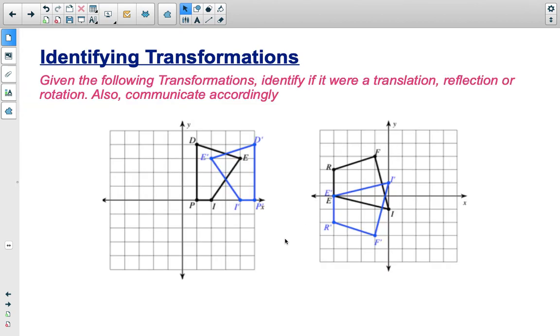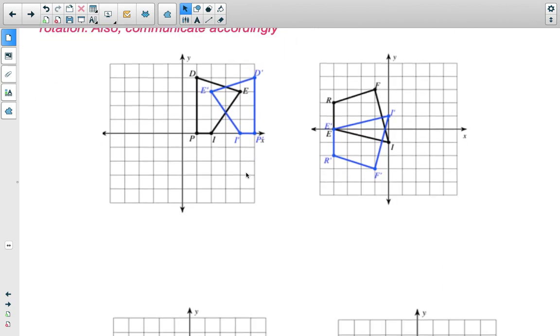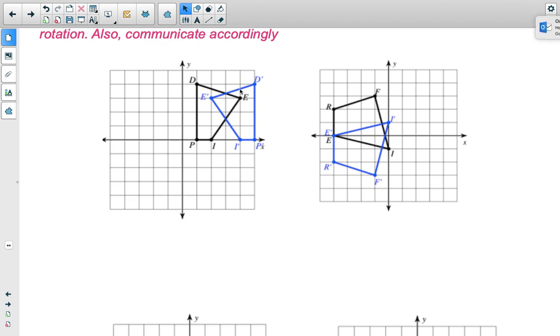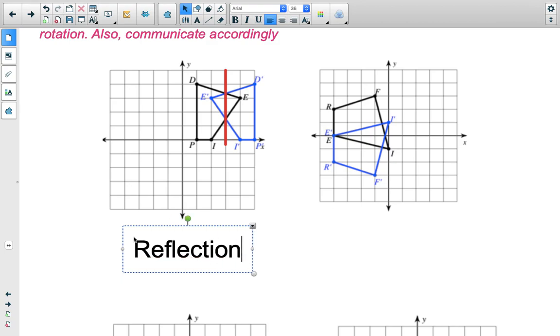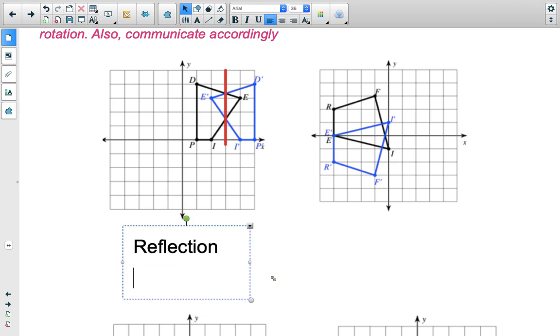If we take a look here, look at the first one. I'm going to identify the following transformation, whether it's a translation, reflection, or rotation, and I'm going to communicate accordingly. If I take a look at this image, I can tell that this is a reflection, and it's reflected about this line right here.